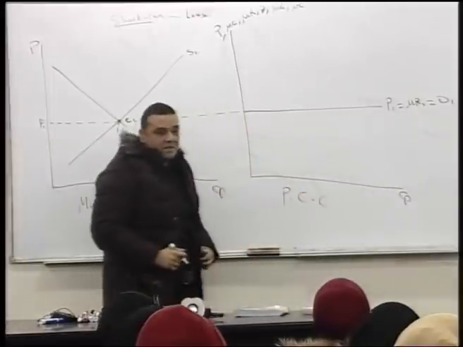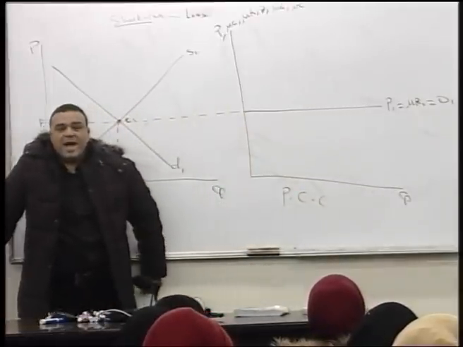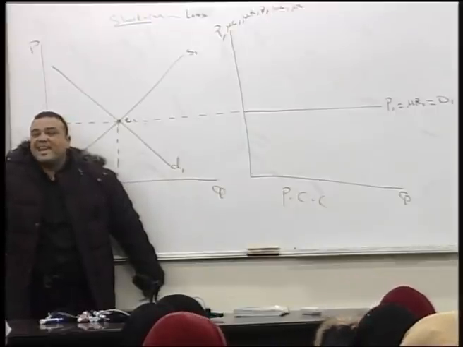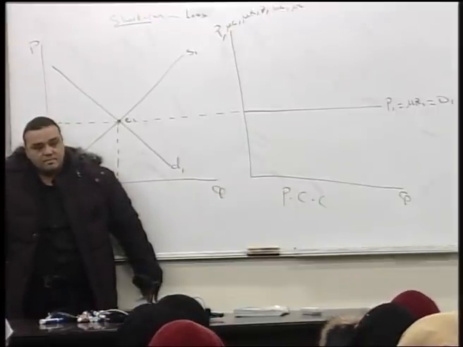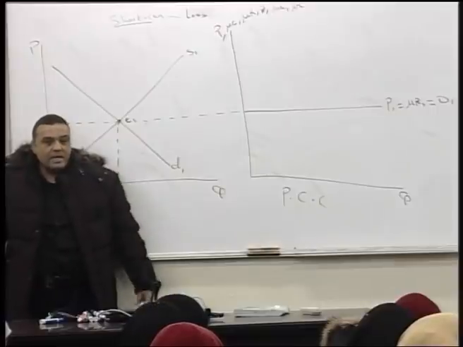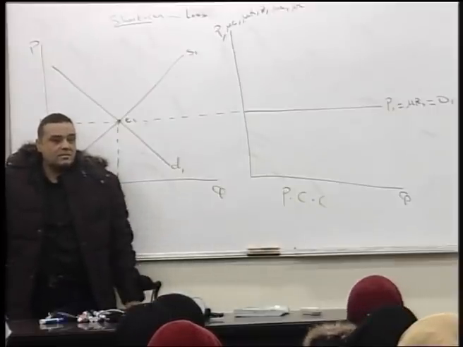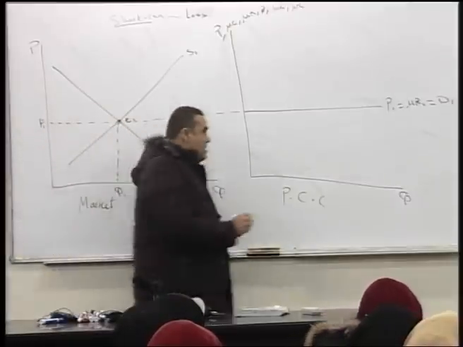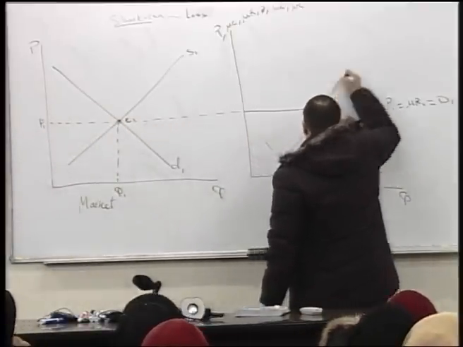The assumption here is we have a loss, which means that the price will be less than ATC. Right? Who said the price must be below ATC? The price is less than ATC. Okay, so here is the marginal cost.